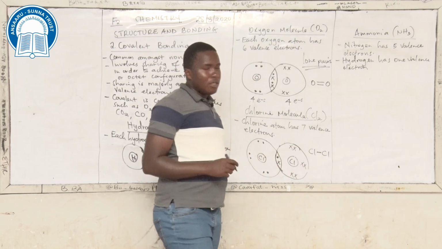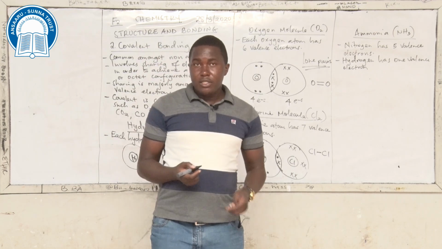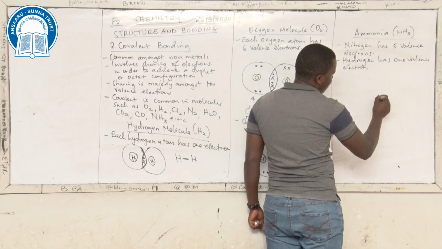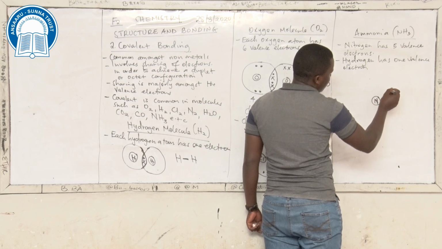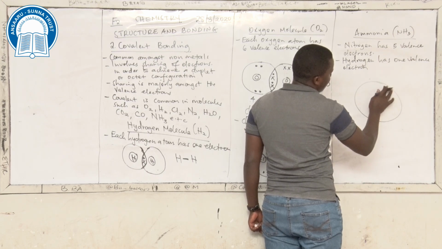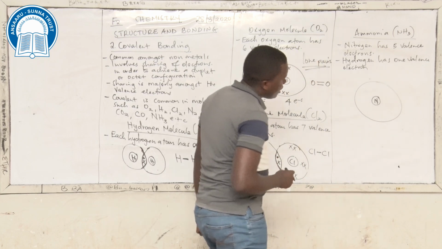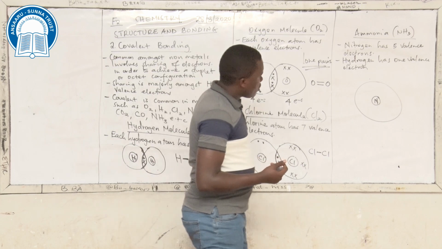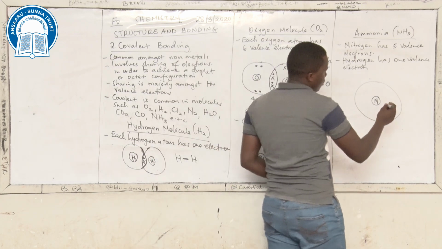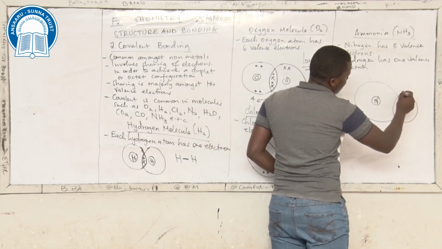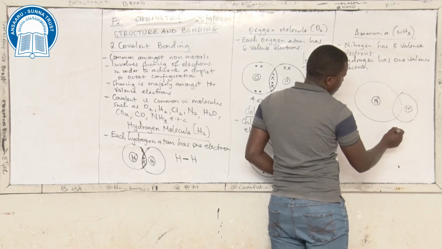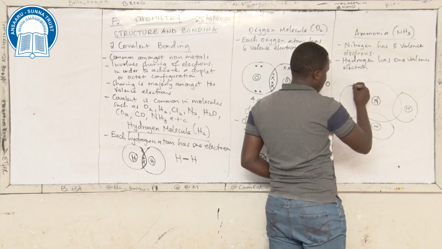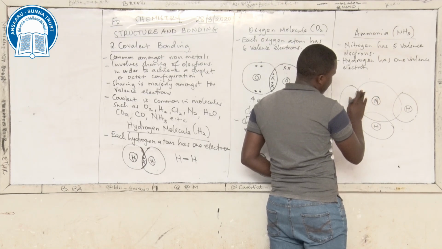Therefore, each hydrogen atom will require 1 more electron, but these electrons are going to be shared. So you put nitrogen in the middle. You know the number of electrons nitrogen can share are 5. So we have got 3. So you attach 3 hydrogens on the nitrogen atom.